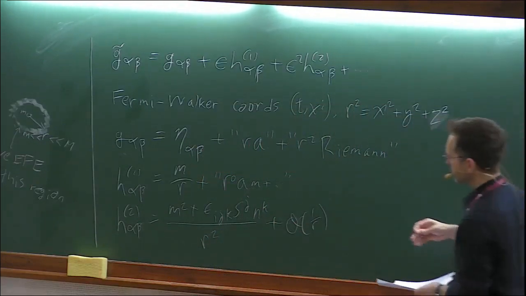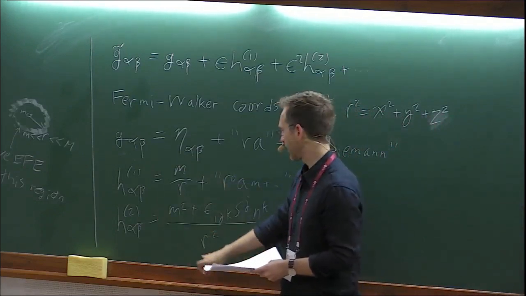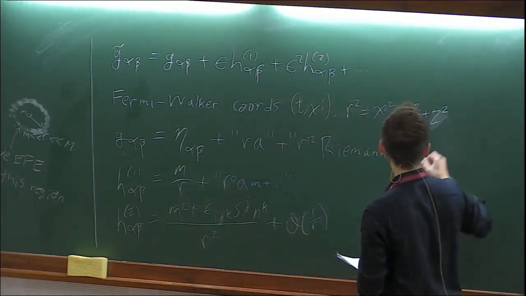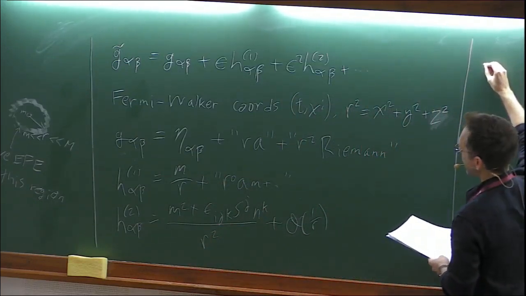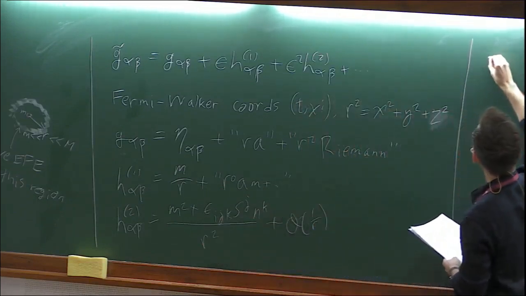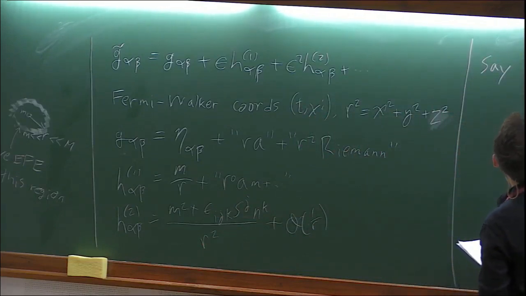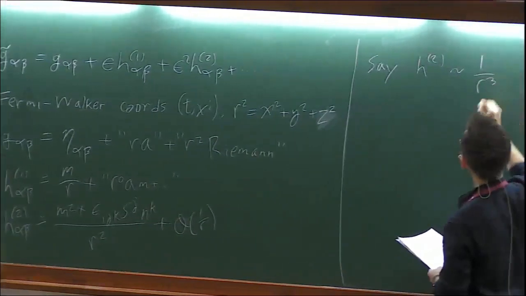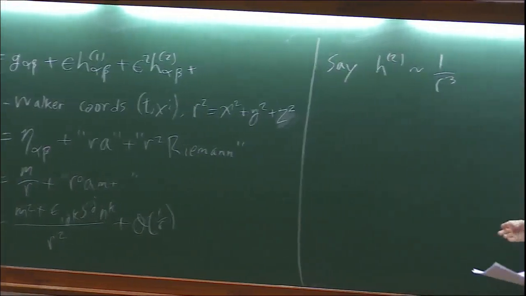Okay, and I went through the reasoning maybe a bit quickly for why this starts at order 1 over r and why this starts at 1 over r squared. So that came from the matching condition. But you can imagine why you can't have a 1 over r cubed term, for example. So let's say H2 contained a 1 over r cubed term. This has to match something that was in the inner expansion.